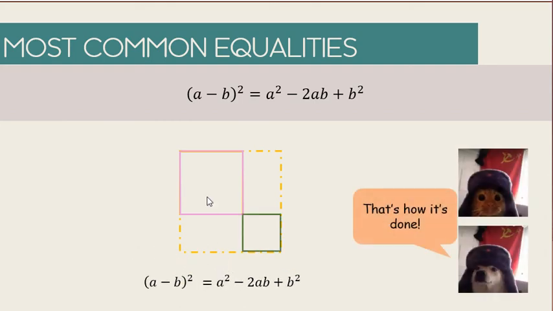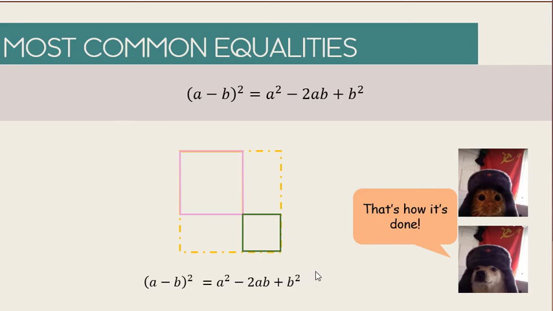And so this square's area is calculated in two ways. The first way is (A minus B) squared, and the second way is A squared minus 2AB plus B squared.